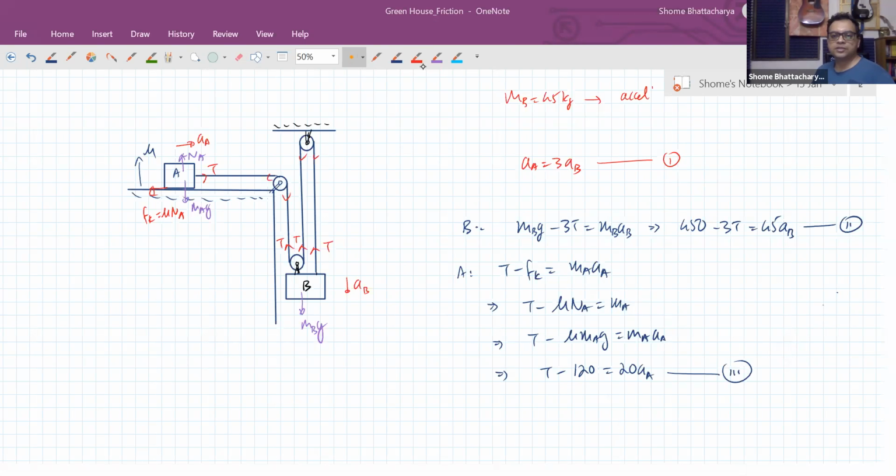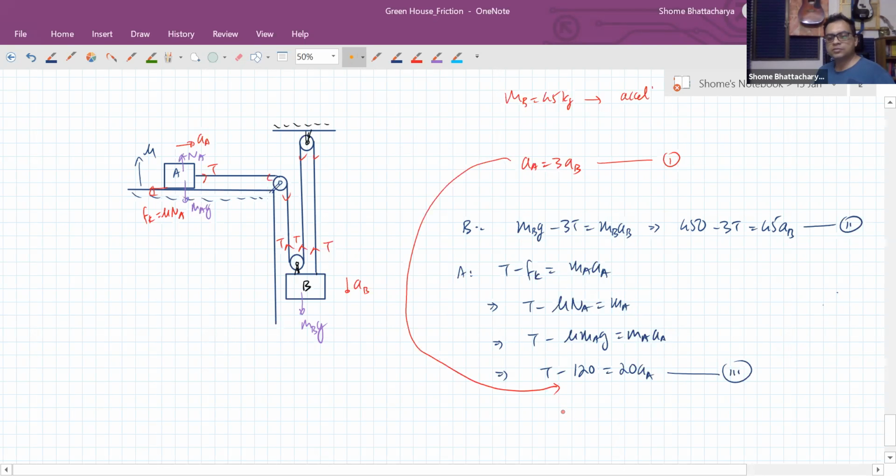Now we have to just substitute. So substitute this thing here. So this becomes T minus 120 is equal to 60 times AB. And then multiply this equation by 3.